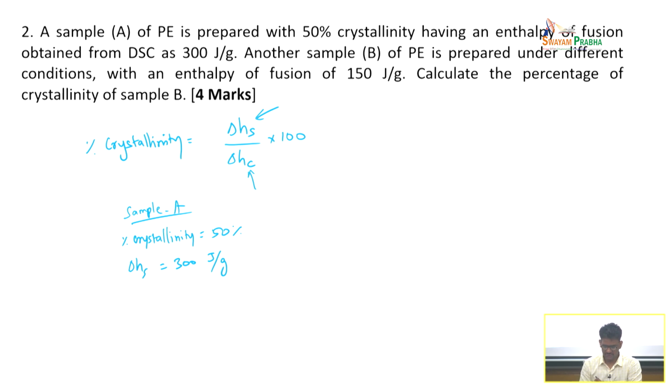So, using this definition we can calculate the fully crystalline heat of fusion. Okay. From here you will get delta Hs by percentage crystallinity into 100, and this would give you 300 by 0.5.